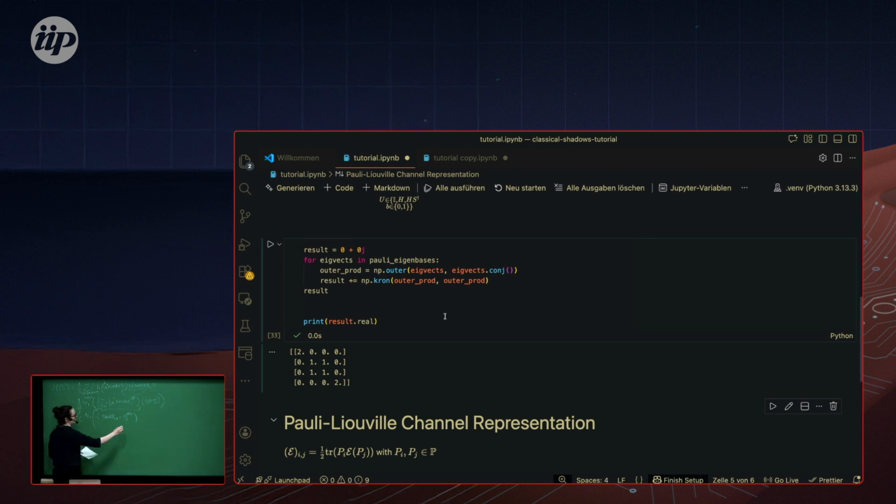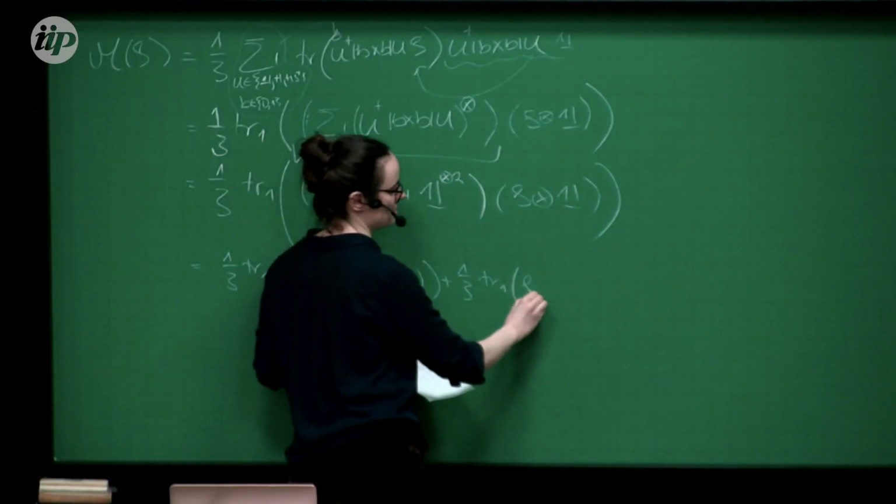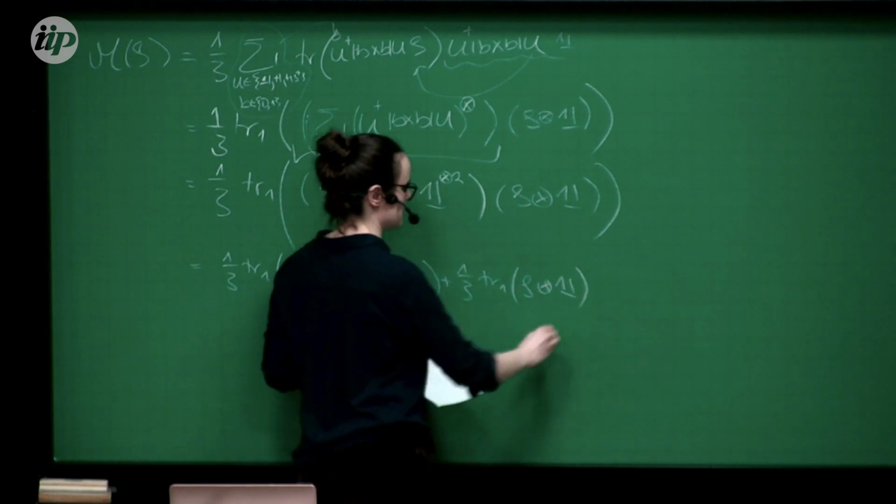Loop. This acts on rho tensor identity. And now we have 2 sums here. I will just pull them out. So we have the trace over the first subspace of swap 2,1 acting on rho tensor identity, plus 1/3 trace over 1 of the identity times this, which is just rho tensor identity.